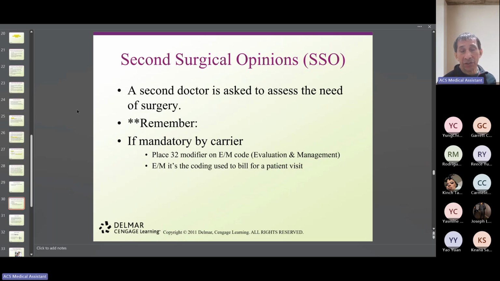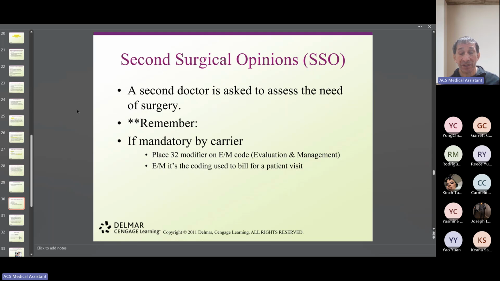So remember, evaluation and management is the code that we use when you come to our office and you tell us what is the problem, and the medical doctor does all the evaluation, all the SOAP note. When we run through all these SOAP notes, that is evaluation and management. It's the time that we spend with you during that visit. And that's what we charge for it.